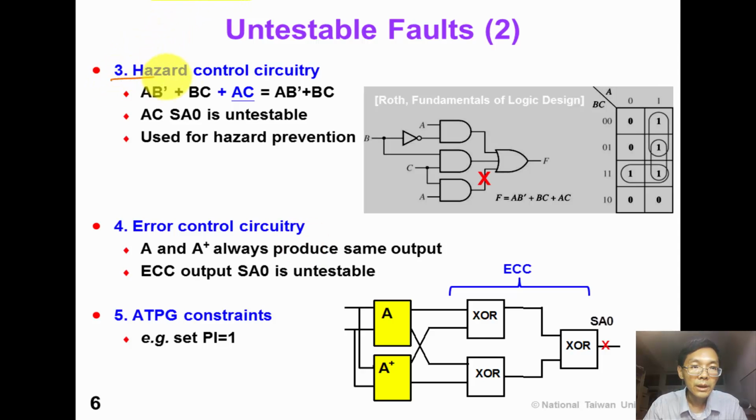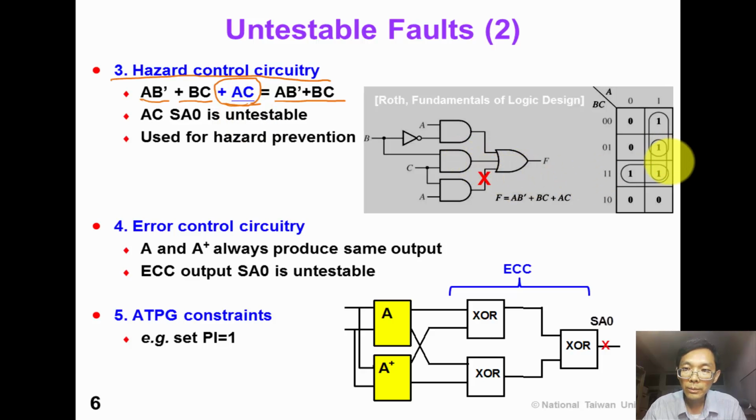The third example of untestable fault is hazard control circuitry. From fundamental logic design, we know that AB prime plus BC plus AC can be simplified to AB prime plus BC. The term AC is actually redundant.